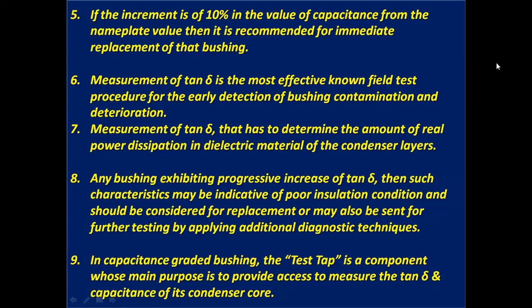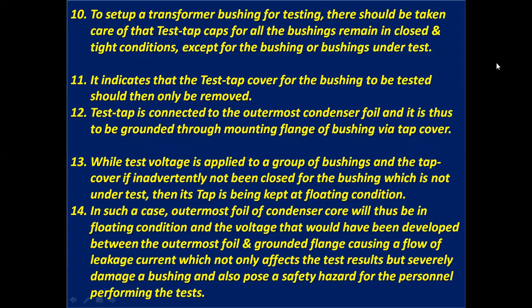Number 9, in capacitance graded bushing, the test tap is a component whose main purpose is to provide access to measure the tan delta and capacitance of its condenser core. Number 10, to set up a transformer bushing for testing, care should be taken that test tap caps for all the bushings remain closed and tight except for the bushing or bushings under test.